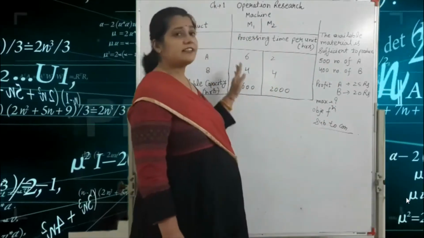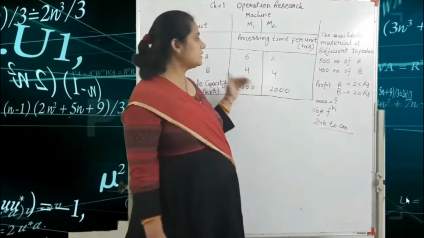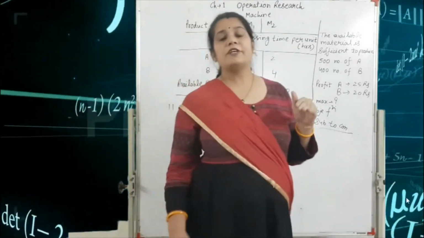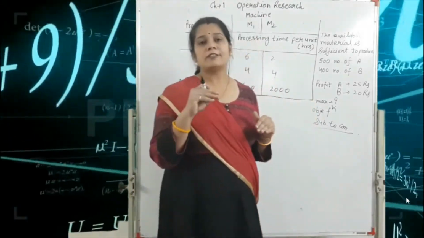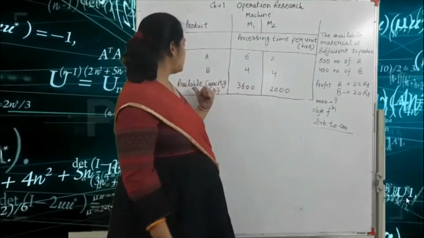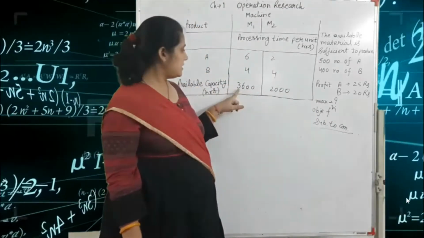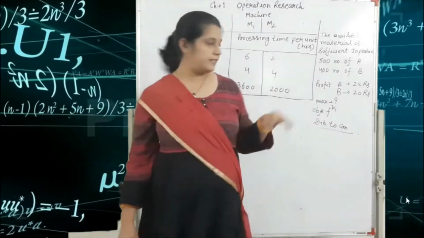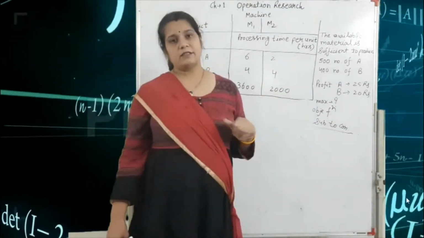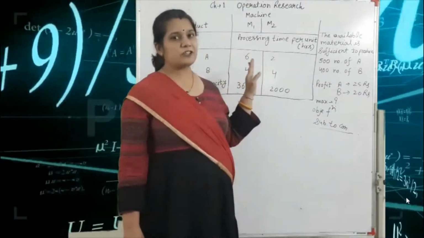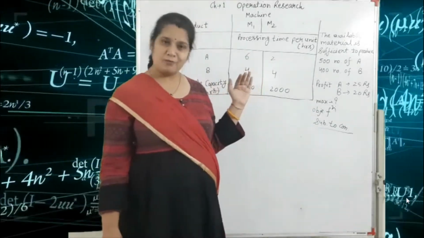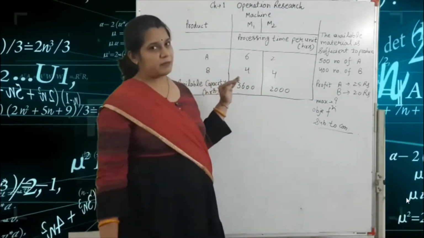We write it in tabulated form because with the help of a table we can formulate the LP model very easily. The available capacity is 3600 and 2000. These values are already given in your question but not in tabulated form. So first we write the tabulated form.